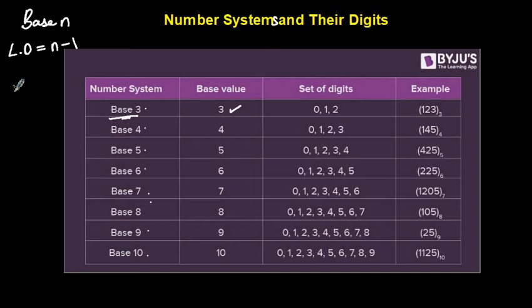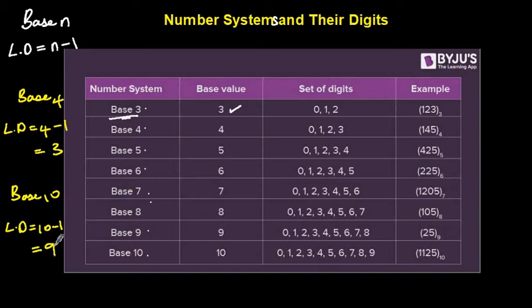For example, looking at base 4, the last digit, LD, is actually 4 minus 1, which is 3. Looking at base 10, remember, the last digit would be 10 minus 1, which is equal to 9.